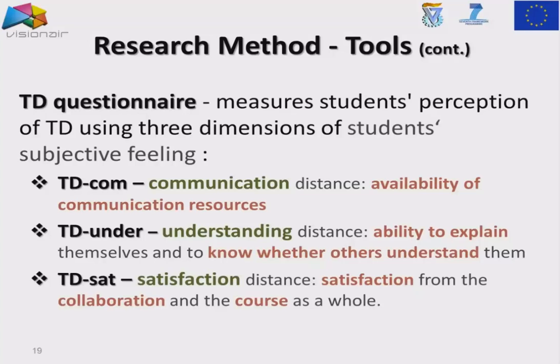The communication factor deals with the availability of communication resources. The understanding factor means the ability to explain and to know whether the other understands me. And the satisfaction is satisfaction with the collaboration from my peers, from the environment, from the course as a whole. These are the 3 factors of this questionnaire.